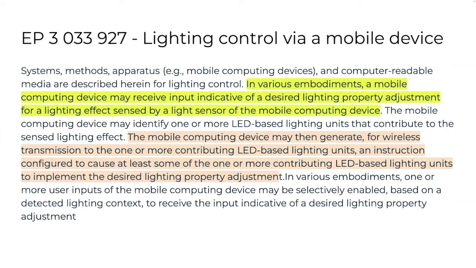And also, we have seen that the mobile computing device may generate a transmission, and there can be instructions configured to cause at least some of the one or more contributing LED-based lighting units. So depending on this information given in the description and by taking into account the figures, we have come to a conclusion, but this will be presented by my colleague, Nora.